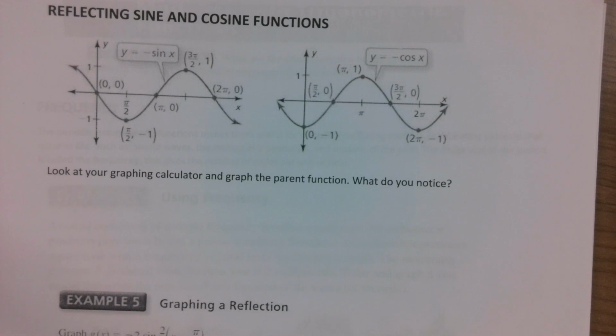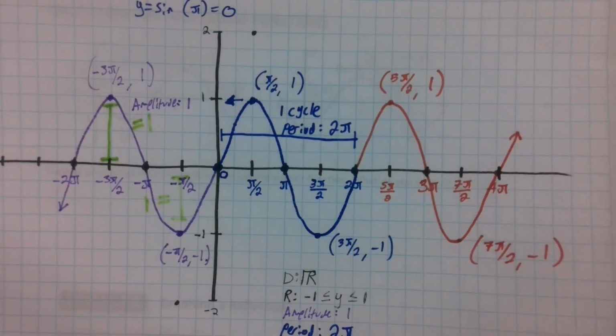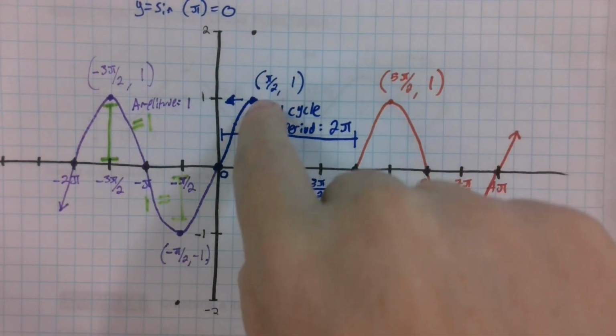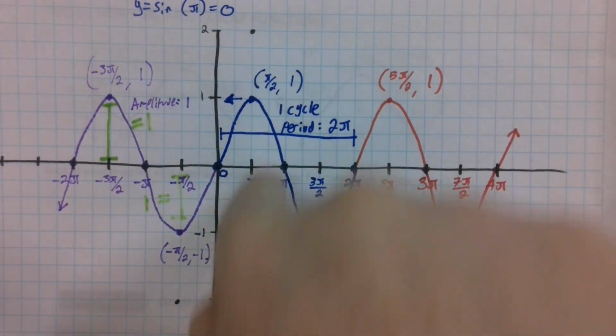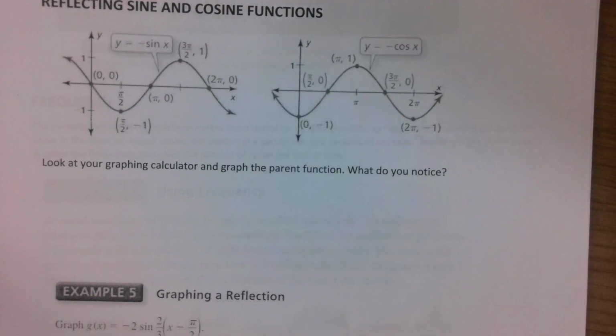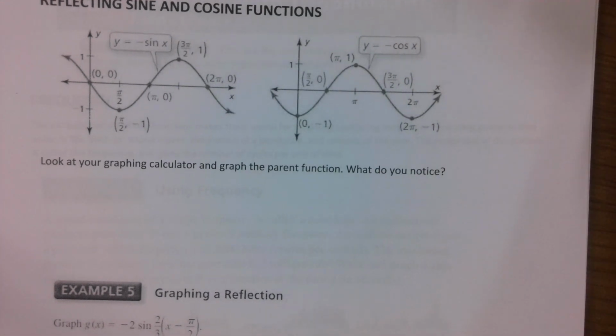So if we wanted to reflect over, for instance, the x-axis, we would just flip it upside down. So if we wanted to reflect this, it would go from going up, then back to middle, it'd go down, then back to middle. So it's the same thing, just reflected upside down.